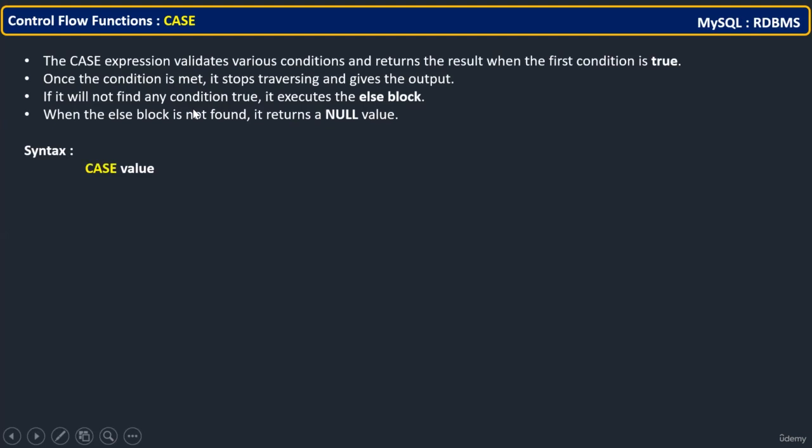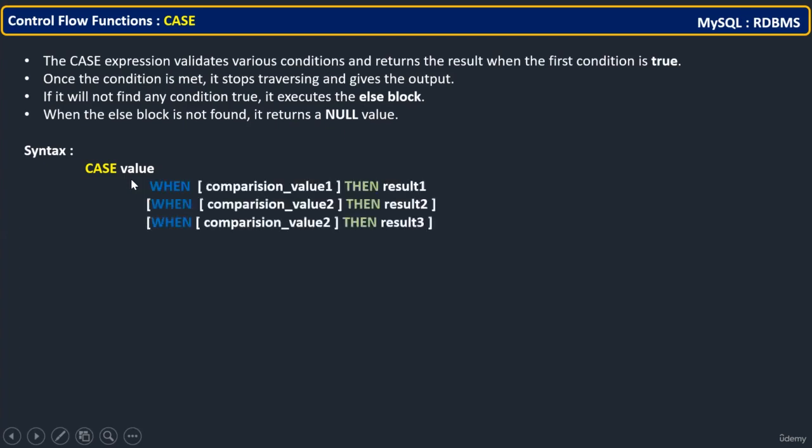So if you see the syntax, CASE, here we will provide a value. If this value is equal to comparison value 1, if these two are the same, then it is going to give result 1. If this is not the same, after that it comes to comparison value 2.